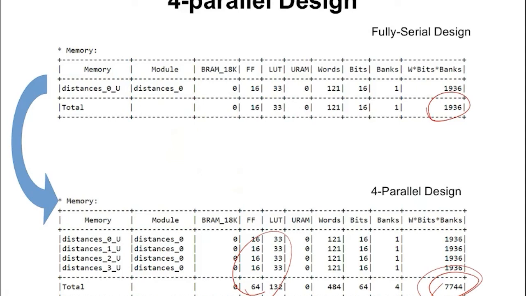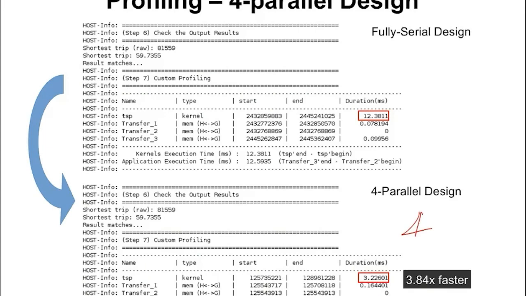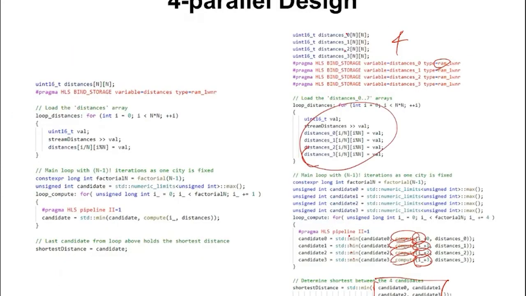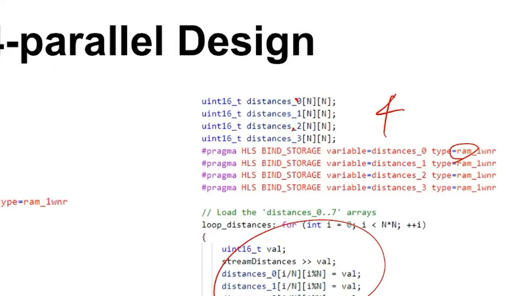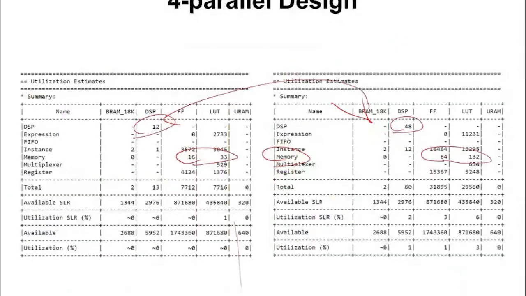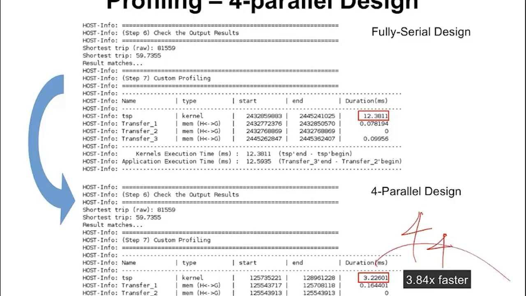The 4 parallel design is 3.84 times faster than the fully serial design, which is nearly 4, but there's some overhead generated by the copy subroutine, so it cannot achieve 4. But it's much faster than the CPU implementation. Thank you for listening.